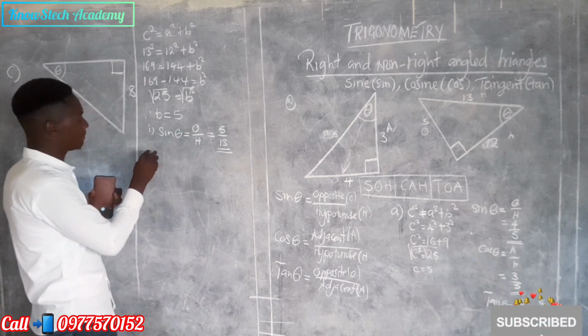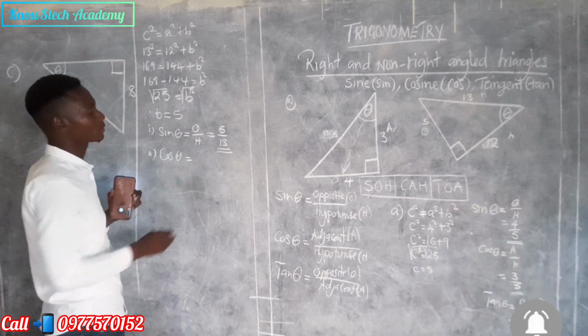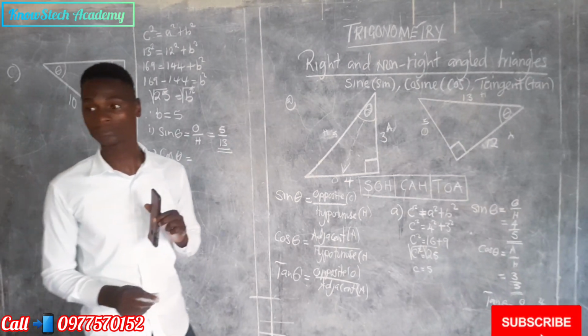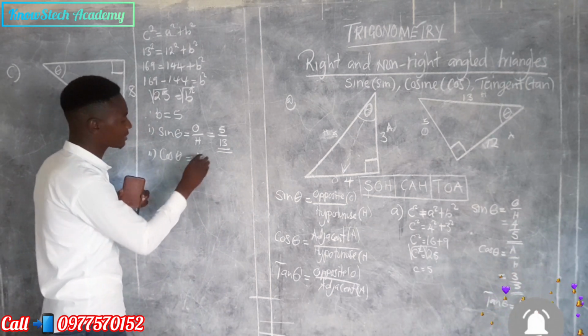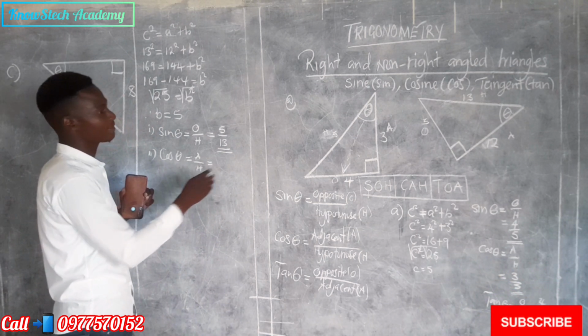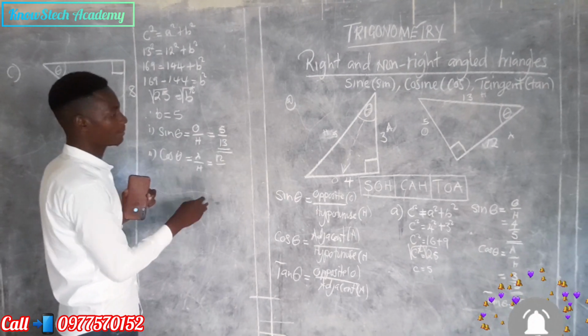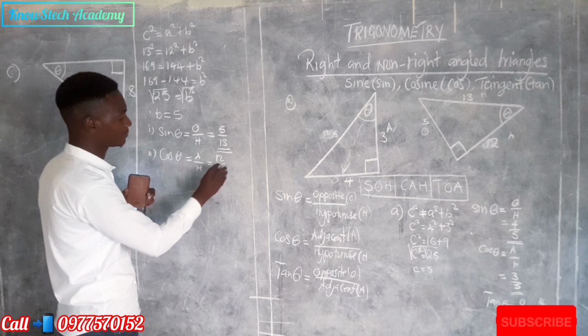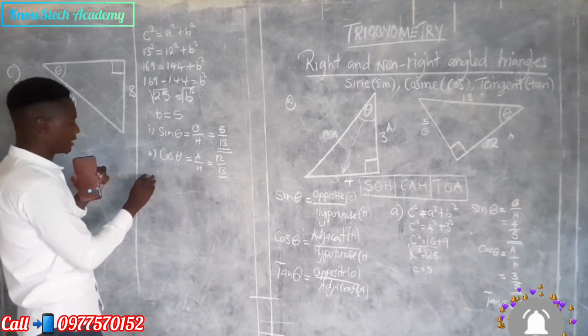Number 2, cos. Cos theta is equal to adjacent over hypotenuse. What is the value of adjacent there? 12 over 13. Okay, 12 over 13. All right.